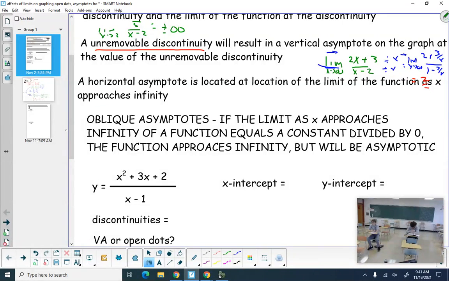When we talk about an oblique asymptote, this is a slanted asymptote. It has slope. So when we talk about an oblique asymptote, we have a slope.